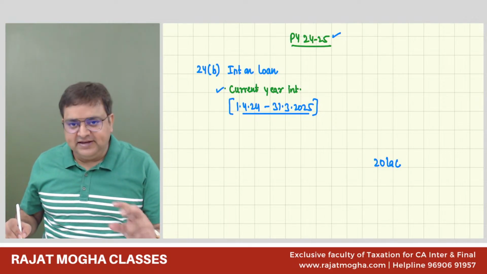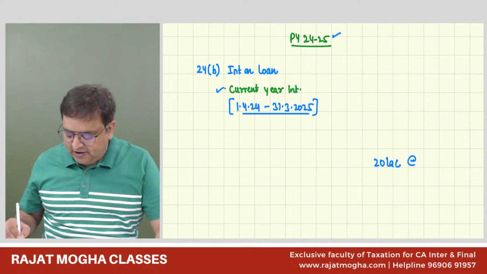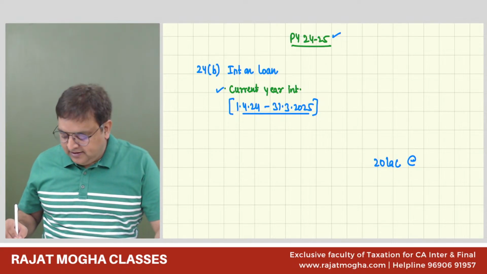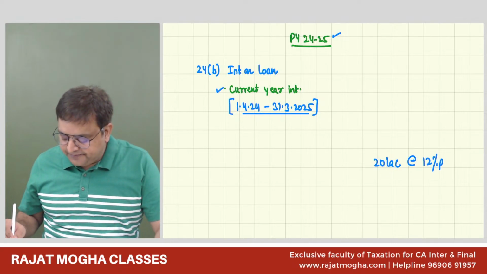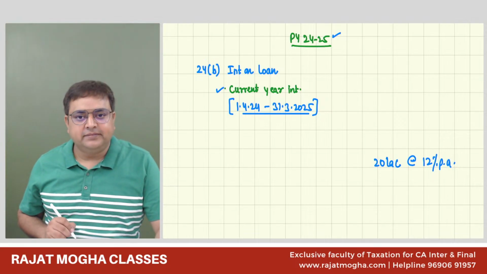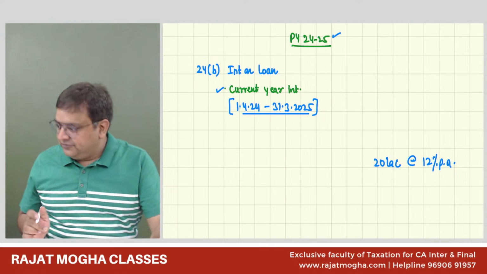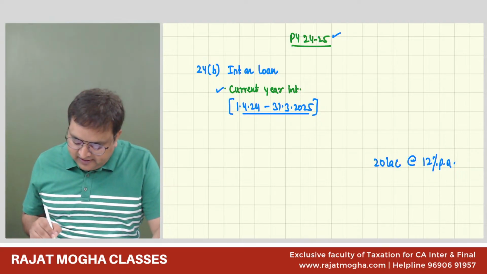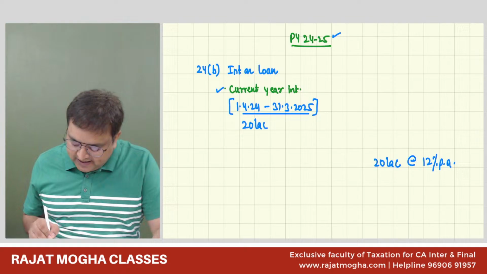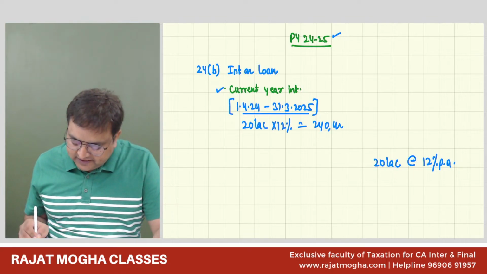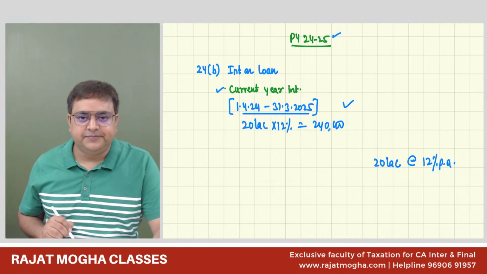So my first easy case is, let's say 20 lakh rupees is the loan which is outstanding, at 12% per annum. If it is outstanding for the entire year, the current year interest would be 20 lakh into 12%, which is 2,40,000. That's it. This is the current year interest.